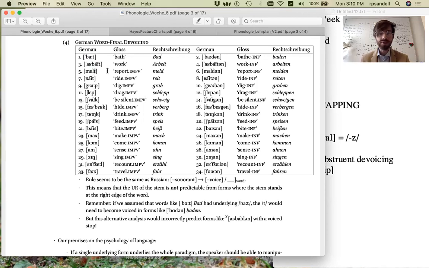We have some forms like the verb melden, which in its informal form is melt, or reiten in its infinitive form compared with its imperative reit. There are forms that show an alternation between a voiceless and a voiced obstruent, and forms that show no alternation, which consistently have a voiceless obstruent.